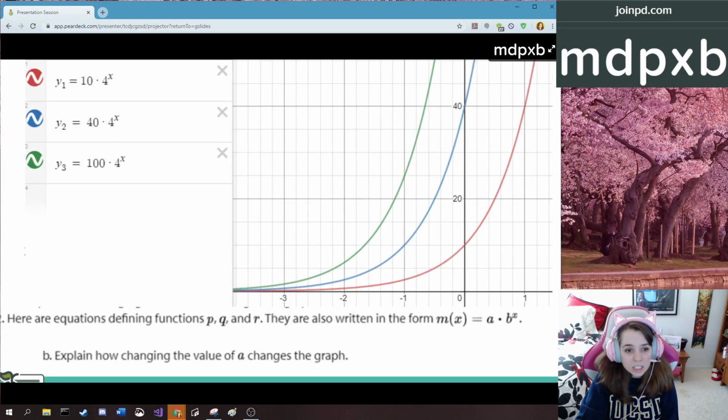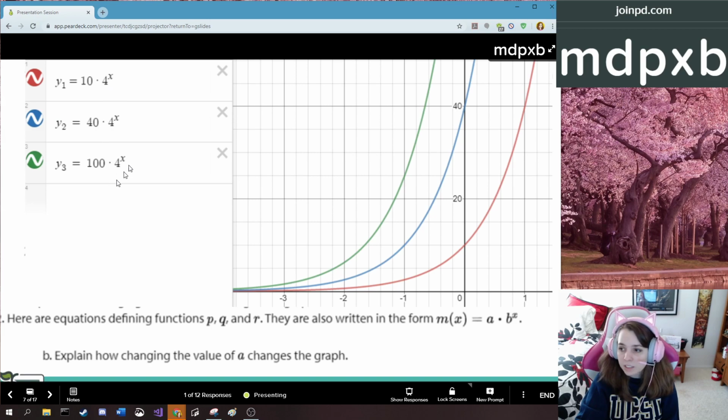Moving along here, this is a different graph. This time the rates are all the same, however, our starting values are changing. So let's take a look at how this affects our graph.